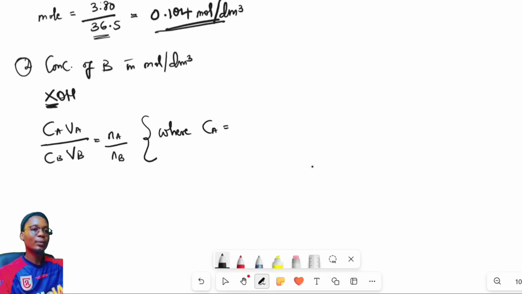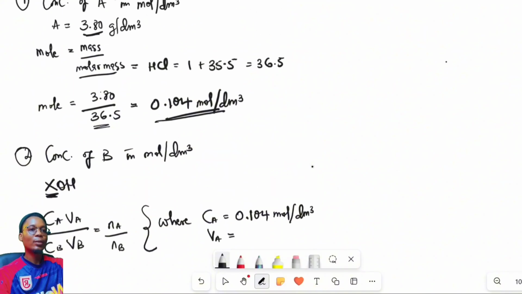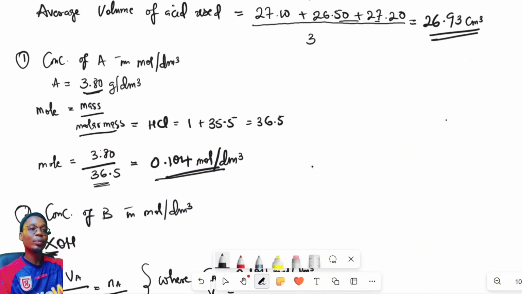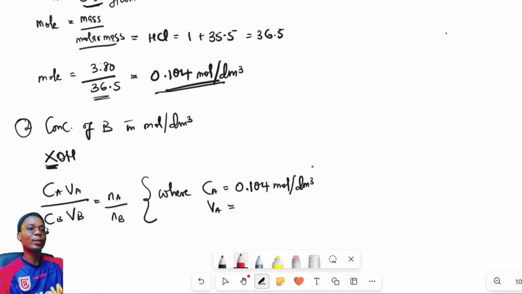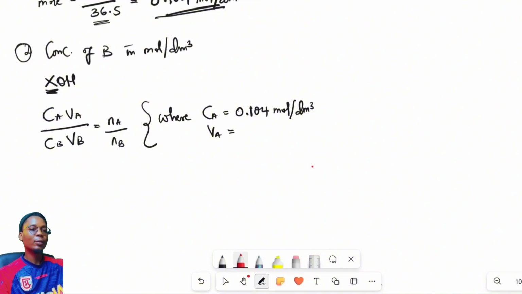Now, let's look at this, where CA is 0.104 mole per cm cubed, and our VA, that is the average volume of acid used, which we got as 26.93. So our average volume of acid used is 26.93 cm cubed.